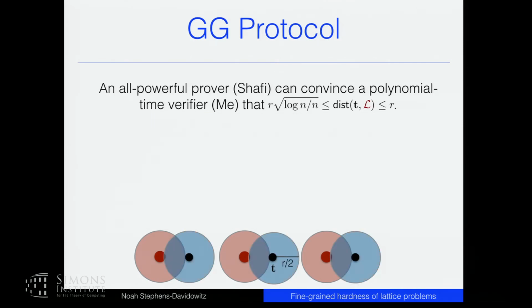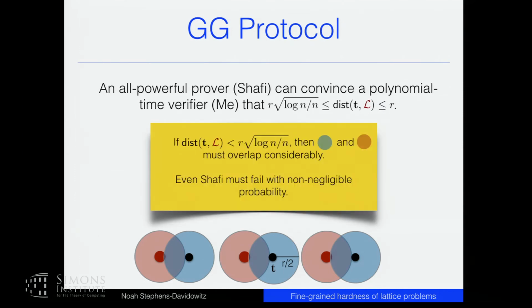On the other hand, if t happens to be very close to the lattice, and if you don't know much about high-dimensional geometry, where this root log n over n factor comes in will not be clear. But if t happens to be close to the lattice, then these two sets have to overlap quite considerably.